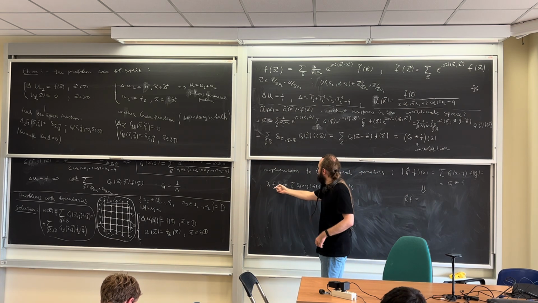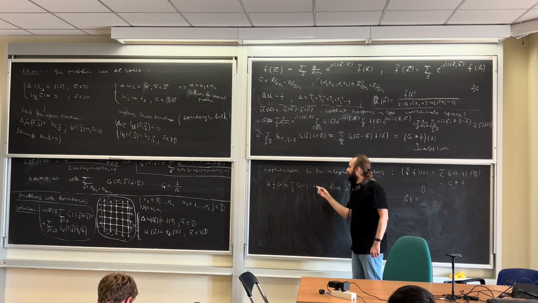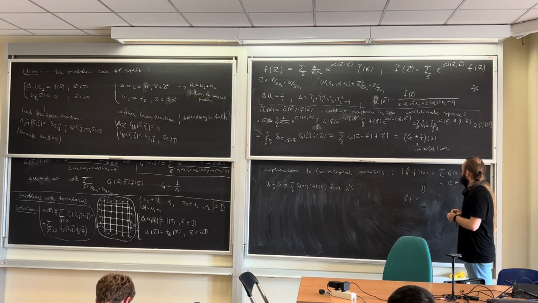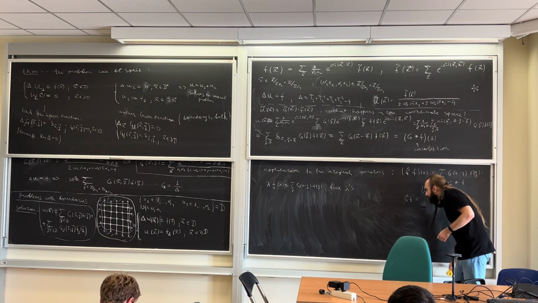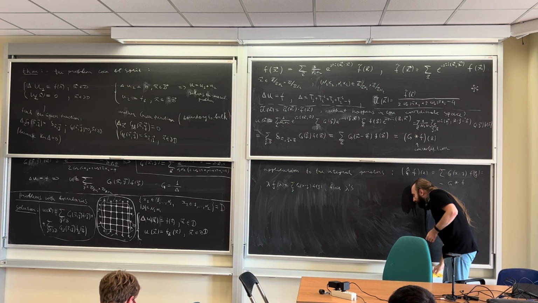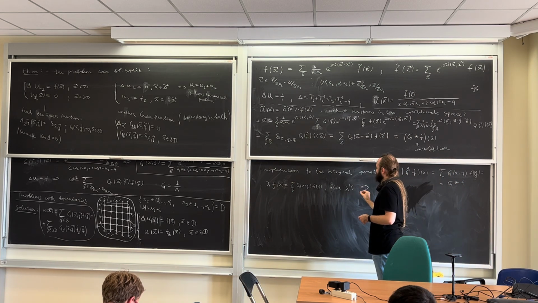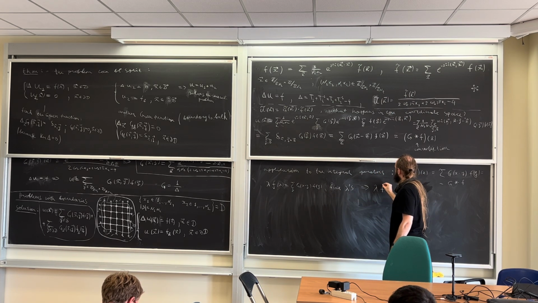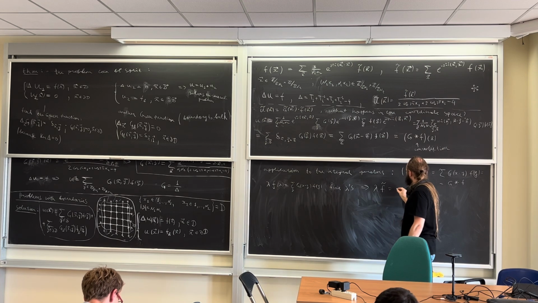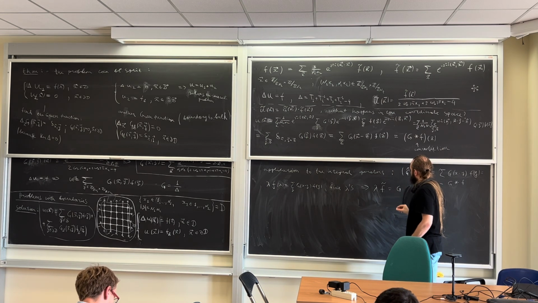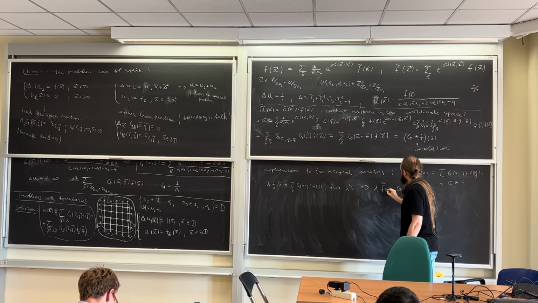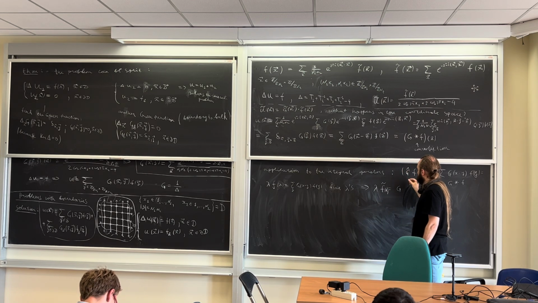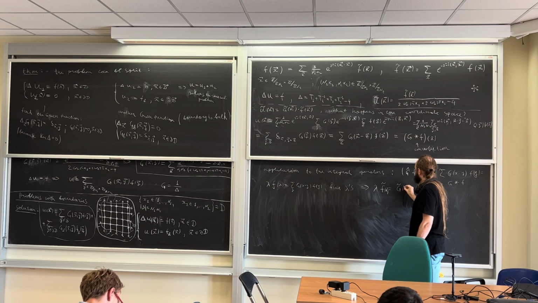So if we see something like this, which is translation invariant, we can apply the Fourier transform to it, and after this Fourier transform this equation will transform into lambda times f tilde of k equals g tilde of k times f tilde of k.